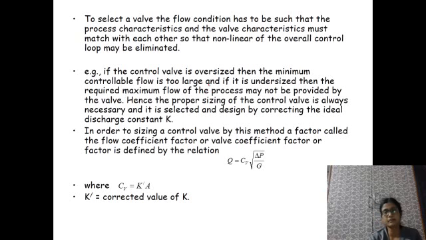ideal discharge constant K. In order to size a control valve by this method, a factor called the flow coefficient factor CV, or valve coefficient factor, is used, that is Q is proportional to root delta P, and Q equals CV root over of delta P by G. This is called the valve coefficient factor.